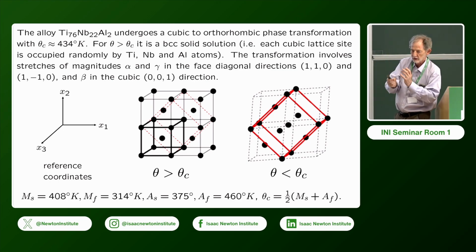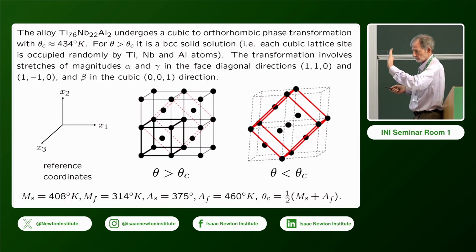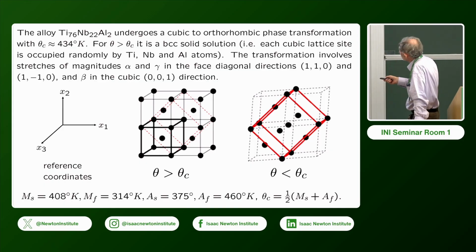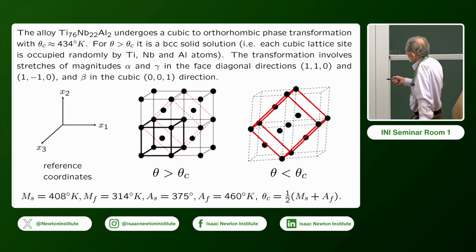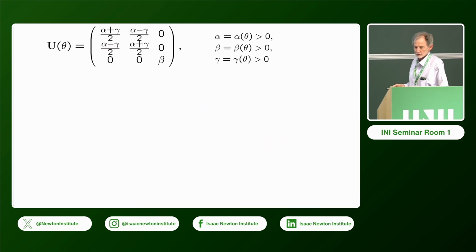It's stressed, and so this simple energetic argument doesn't apply. In any case, at 375 the austenite starts appearing again, and finally at 460, which is above 434, it's entirely austenite. Theta C is traditionally estimated as a half of Ms plus Af.